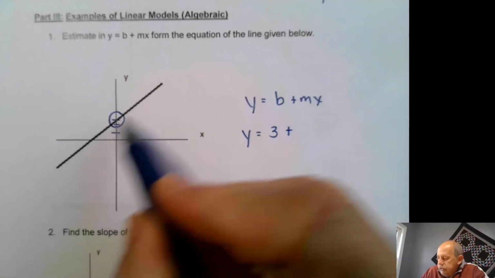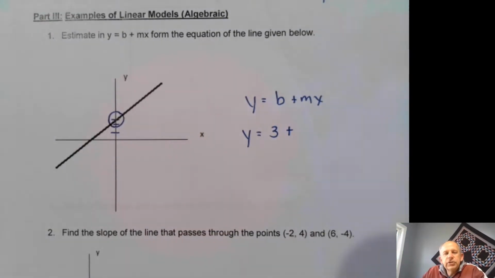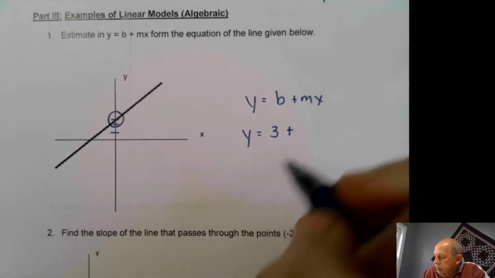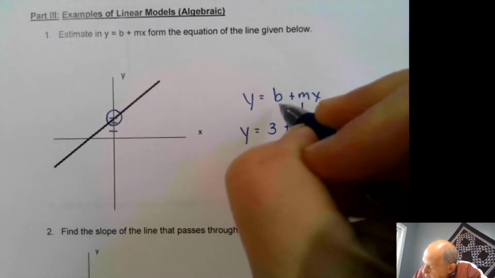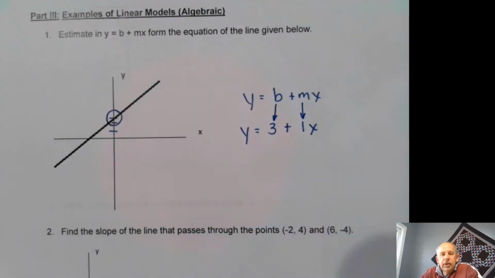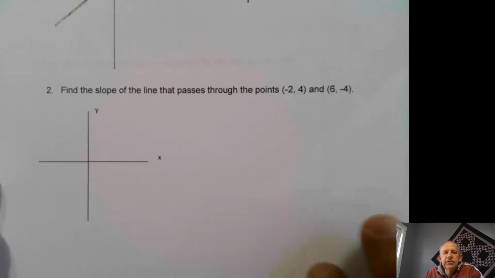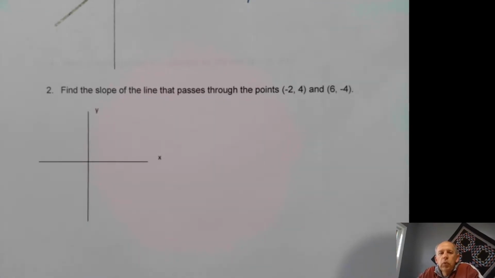The line goes up from left to right. It increases from left to right, but not too steeply. I'm going to estimate the slope at 1 with my y-intercept at 3. And visually, you can take a look at what you have there for an estimate of your line's equation in b plus mx form.